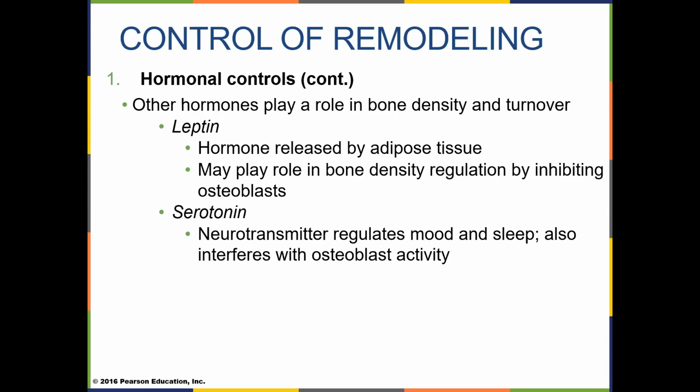Leptin is a hormone released by our adipose tissue. Normally it's involved with dietary activities, but it also may have a role, because we're not certain, in inhibiting osteoblasts. So does serotonin. Serotonin is a mood stabilizer hormone that, in the right levels, makes us feel good. Hey, I feel good today, so my serotonin levels must be up.